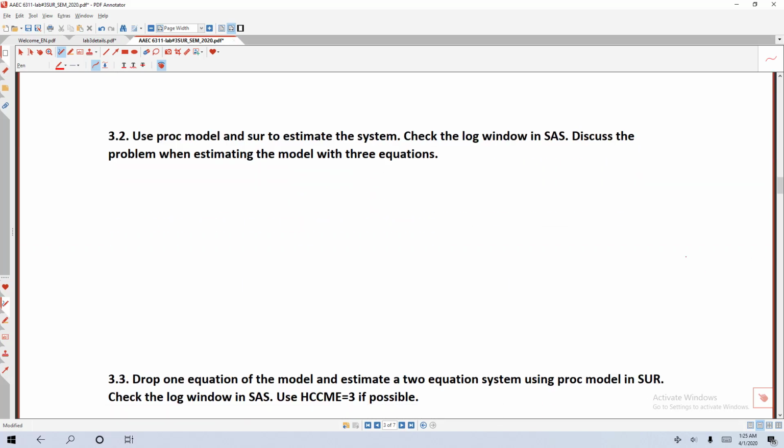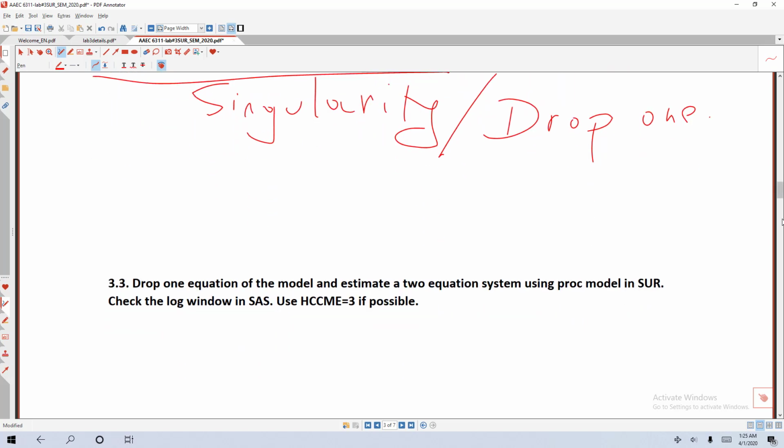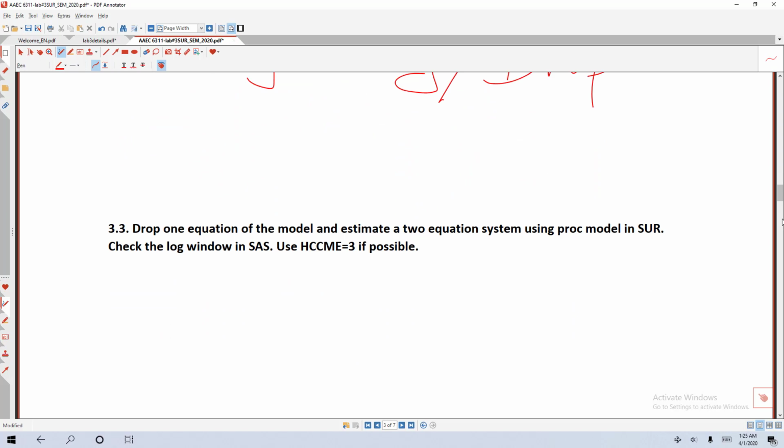When I say check the log window, and then what I'm asking about the problem when estimating the model with 3 equations, this is what's called a singularity problem. Okay, so we need to drop 1 to be able to estimate the system without any problems. And that's kind of what I say. Next, drop one of the equations and estimate a 2-equation system using prog model and SUR.